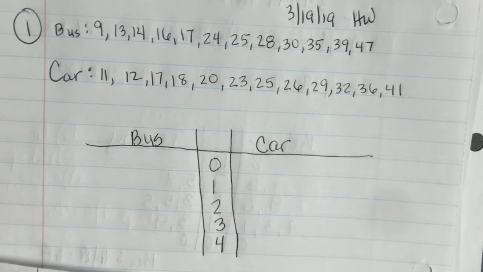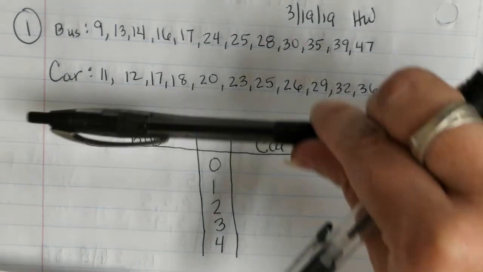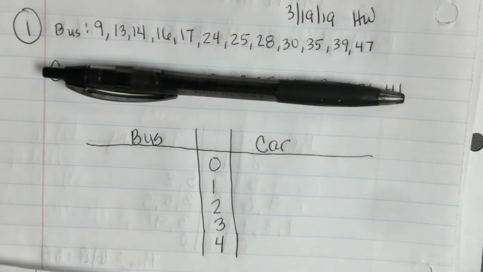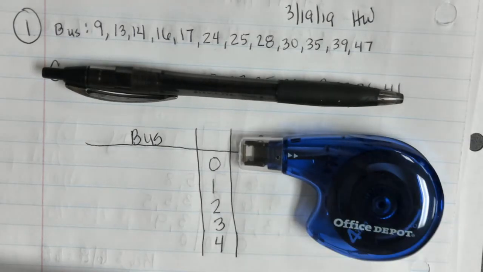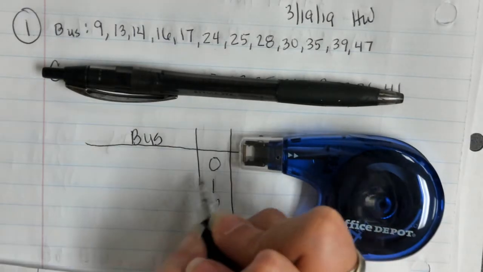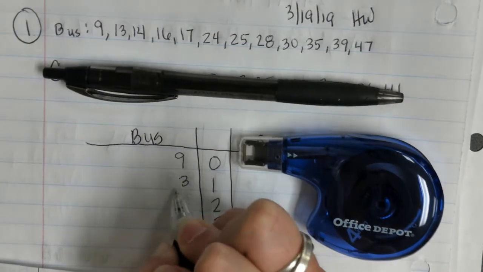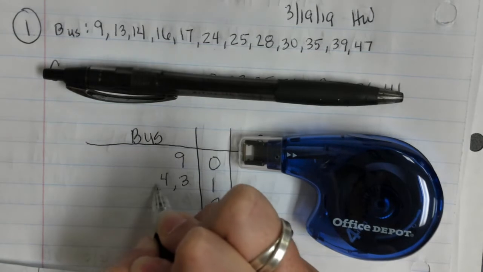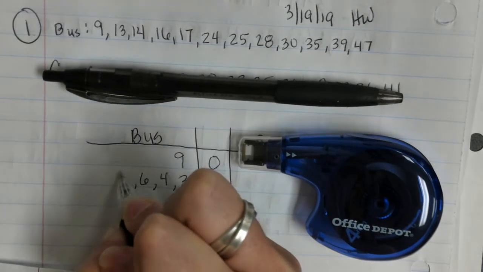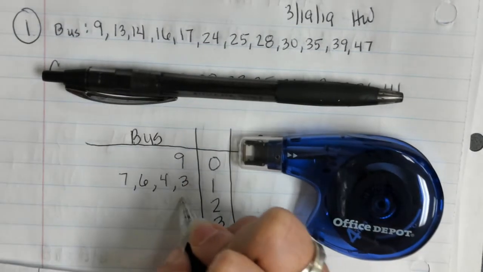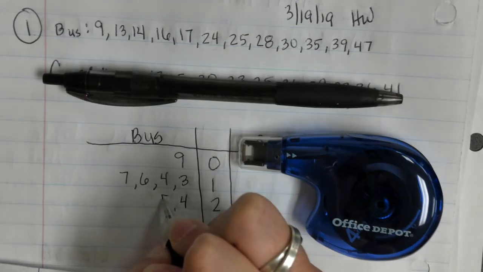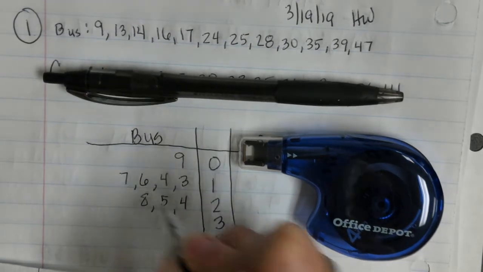Now, I'm only going to do one at a time. I'm only going to do the bus first. Just kind of getting rid of all this for a second. Okay. Bus is 0, 9, 1, 3, 1, 4, 1, 6, 1, 7, 2, 4, 2, 9, 2, 8.